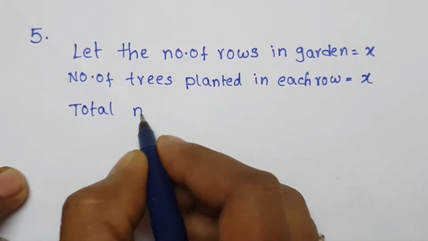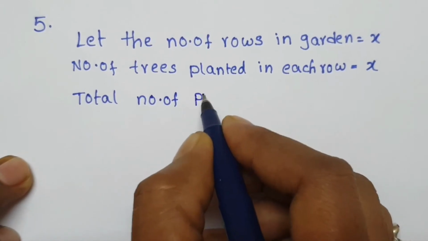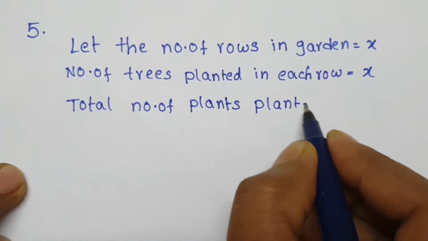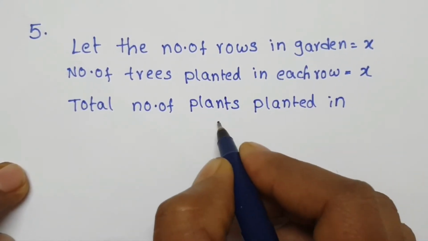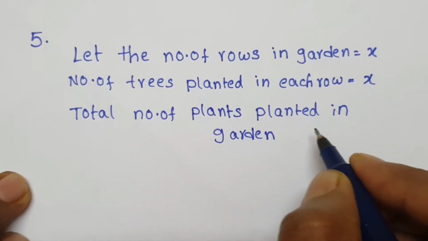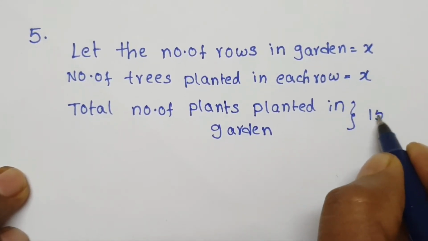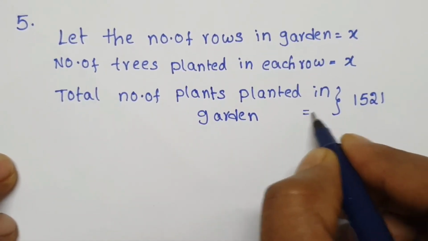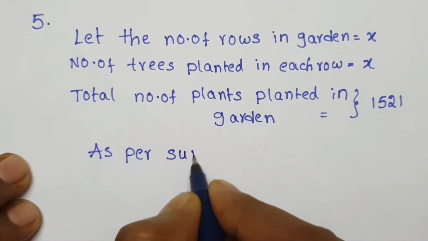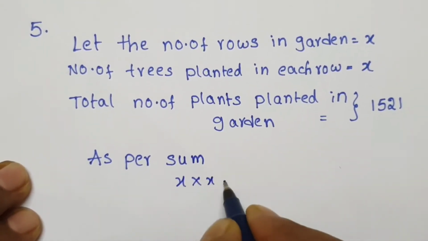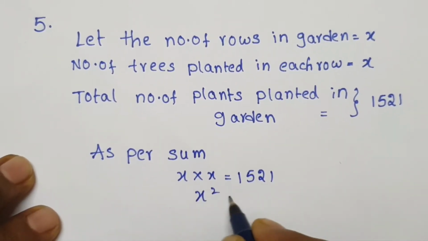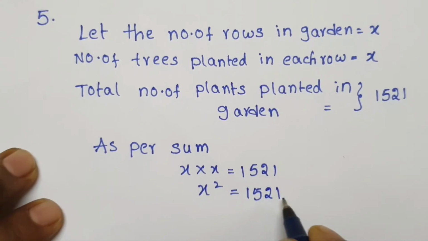Total number of plants planted in garden. So they given 1521. As per sum, x into x equal to 1521. X square equal to 1521.